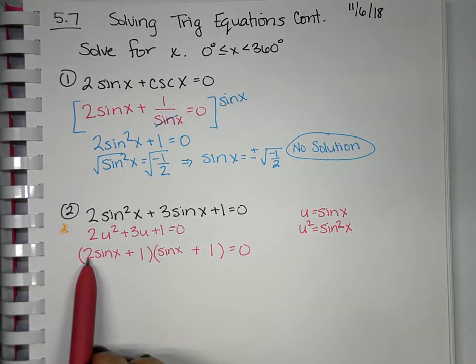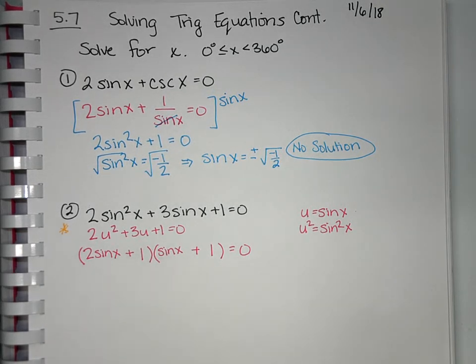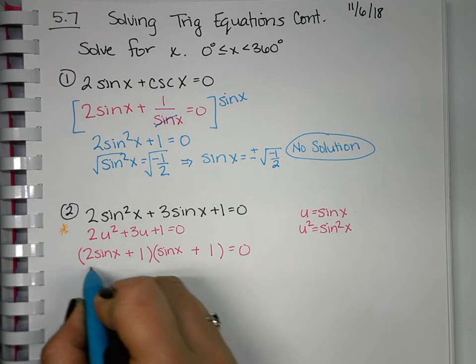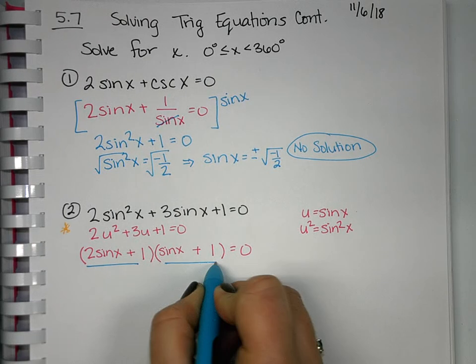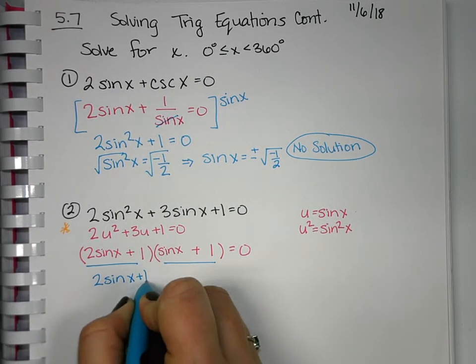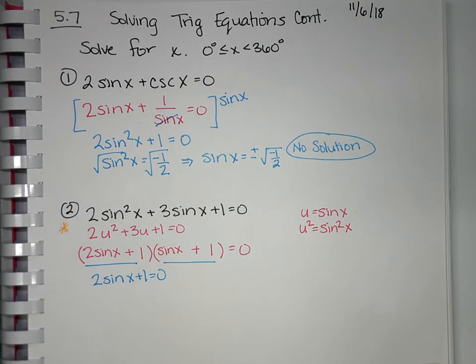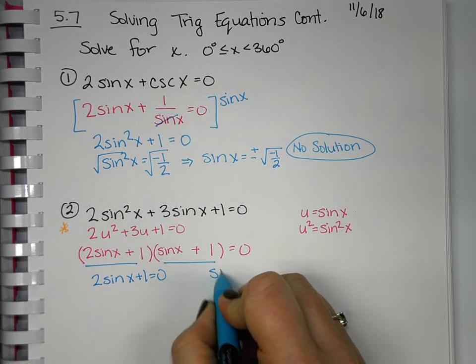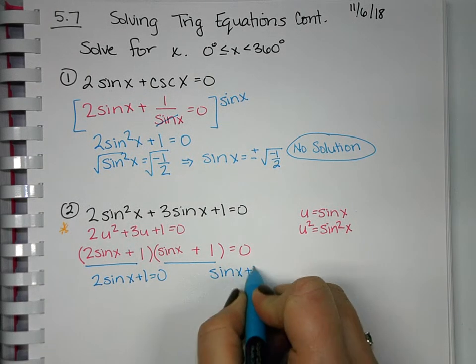If you were doing u substitution, you would still get here just after you factor and put the sine x's back in. So just like how we factored before and solved, we're going to take each factor and set it equal to 0. So 2 sine x plus 1 equals 0, and sine x plus 1 equals 0.